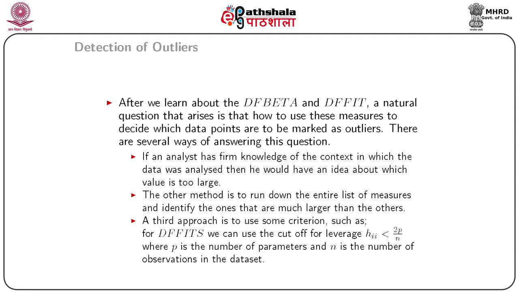The other method is to run down the entire list of measures and identify the ones that are much larger than the other values. A third approach is to use some criteria, such as for DFFITS, we can use the cutoff of leverage h_ii less than 2p divided by n, where p is the number of parameters and n is the number of observations in the dataset.